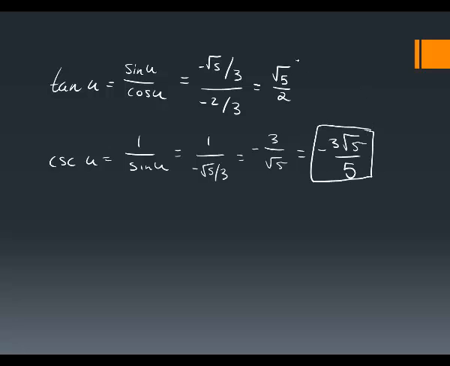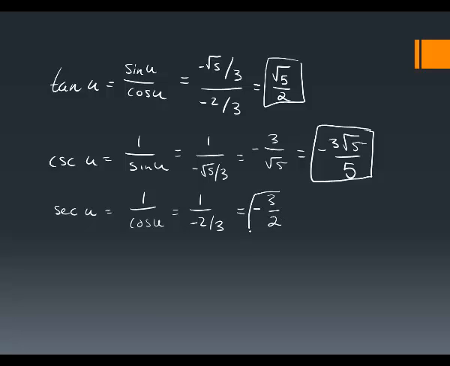Now we have secant u. This is 1 over cosine u, which equals 1 over negative 2 over 3, which equals negative 3 over 2. Hey, we've already done that one. Why did I do that again?